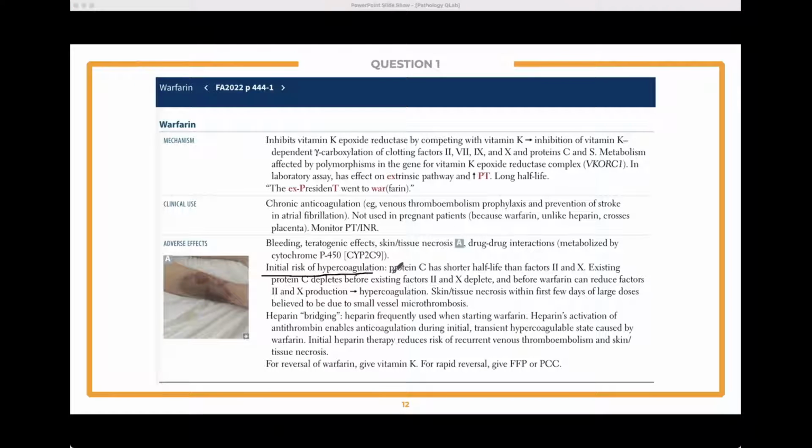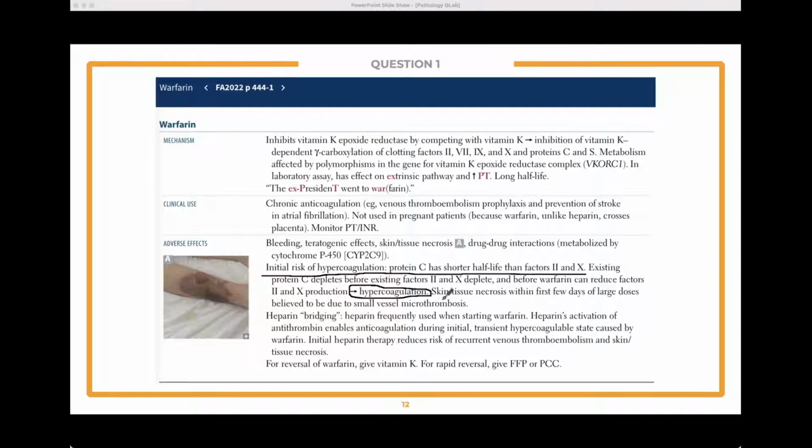Protein C, which is also inhibited by warfarin, has a shorter half-life than factors 2 and 10. So when you give warfarin, you deplete protein C, which is actually an anticoagulant, before you start getting rid of the clotting factors. As a result, you are initially in a hypercoagulable state. So patients can develop necrosis within the first few days.